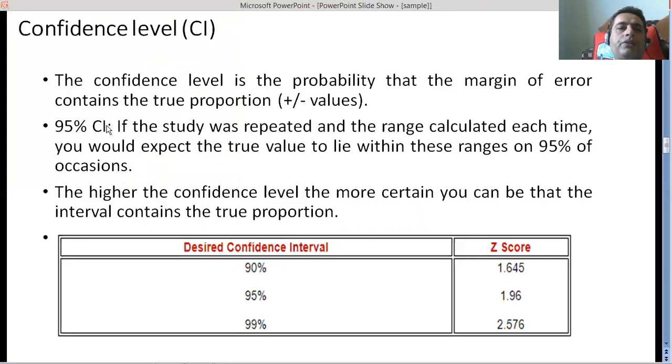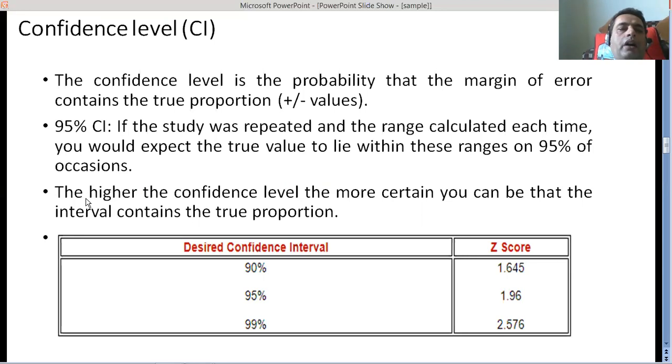So with a 95% confidence interval, if the study was repeated, in the range calculated each time you would expect the true value to lie within these ranges on 95% of occasions. This plus 10% or minus 10%, plus 20% or minus 20% comes along with your sample size. So the real proportion or the real prevalence would lie between these values, plus and minus.